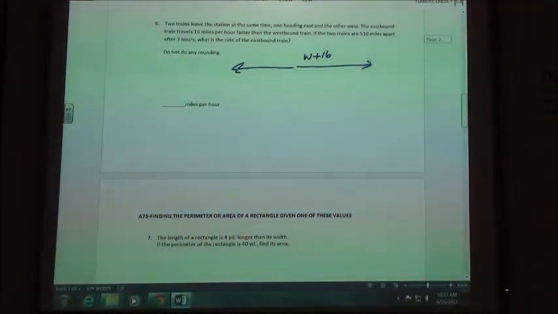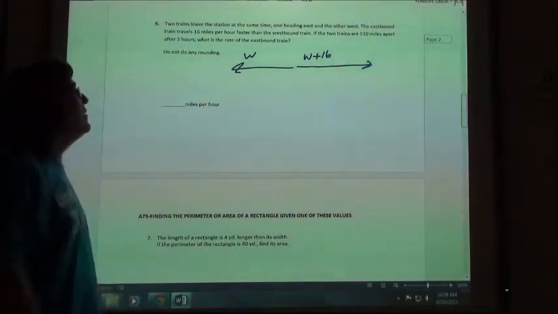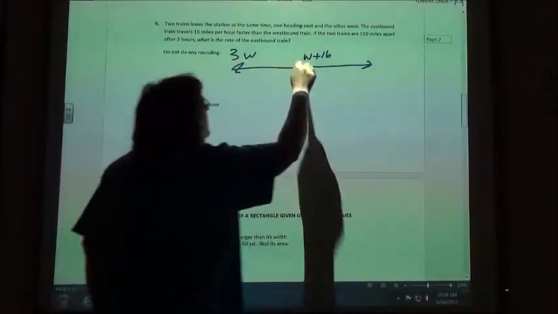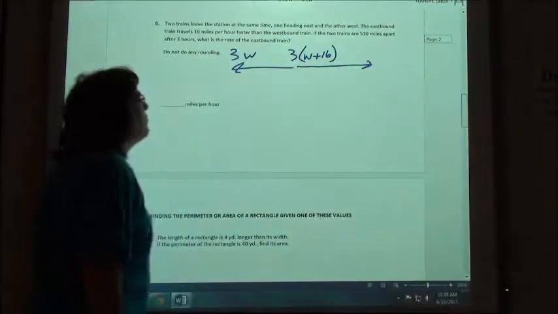That means the rate of my westbound train is going to be just W, right? So one's W, the other one's W plus 16. What are my times? They both went for 3 hours, right? So times that one by 3, times that one by 3.